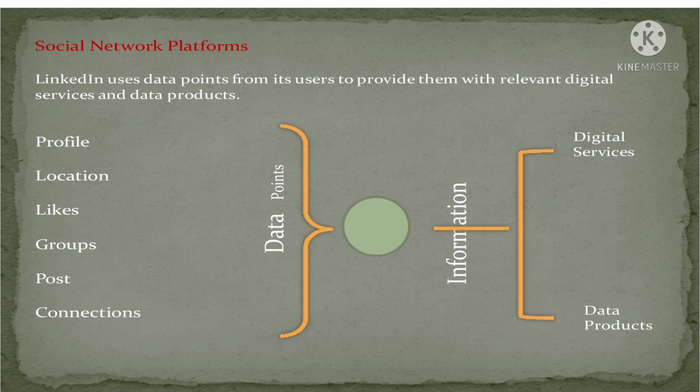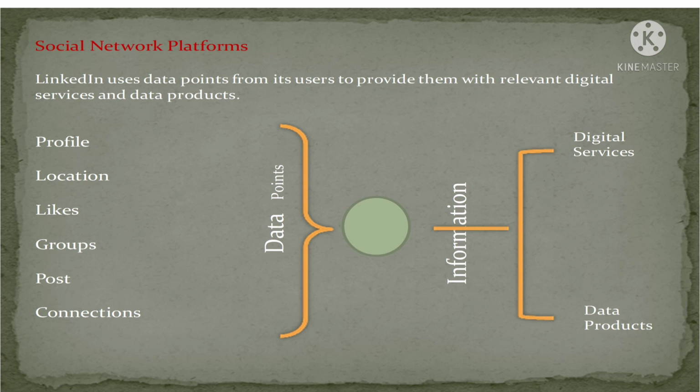If you belong to a big community, or suppose you are an actor, then so many persons like your profile. The group means you are associated with a group, so you are a member of a group. Whatever you want to post, suppose about your lifestyle, whatever you post in a group, the persons will like it, and the connections, how many persons are associated with you.